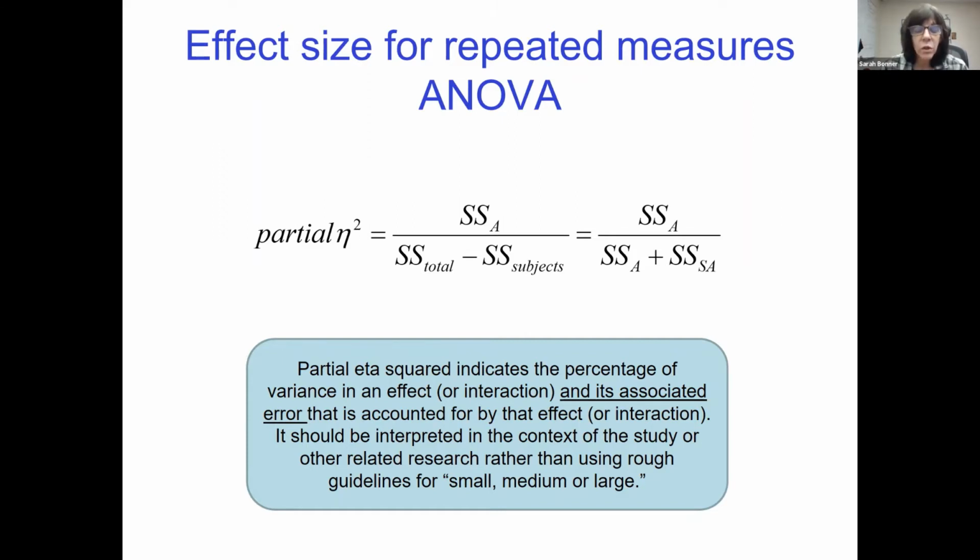And the alternative way, which you're more likely to have if you've calculated this, is kind of by a simple substitution. SS total minus SS subjects is equal to SSA plus SSSA, SSSA being the residual error variance after you've removed the subject's effect.